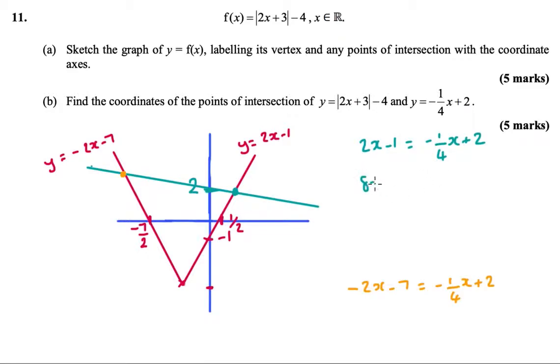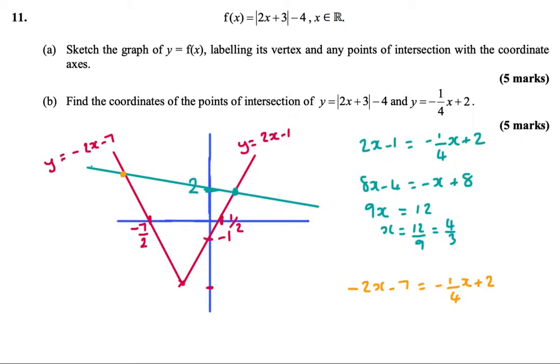So that's going to be 8x take 4 equals minus x plus 8. X's to one side, that's going to be 9x. Move this 4 to the other, that's going to be 12. So x is equal to 12 over 9, which cancels down. That's the same as divide by 3, 4 over 3. I'll find the y coordinates out.